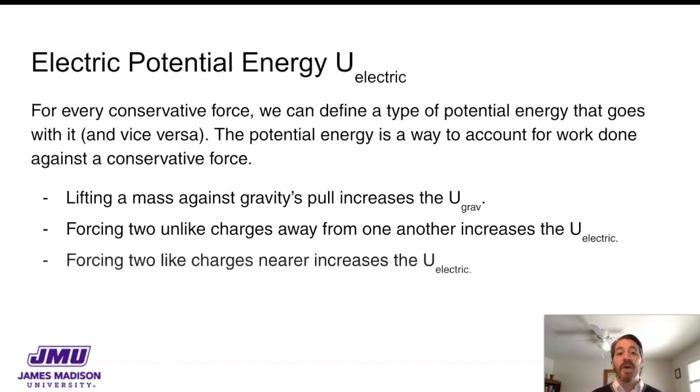However, if you have two like charges, they don't want to be near each other. And so bringing them close to each other increases the electric potential energy of that system, much like compressing a spring. So whether the electric potential energy has gone up or down is going to be slightly more complicated than when you think about the gravitational potential energy.